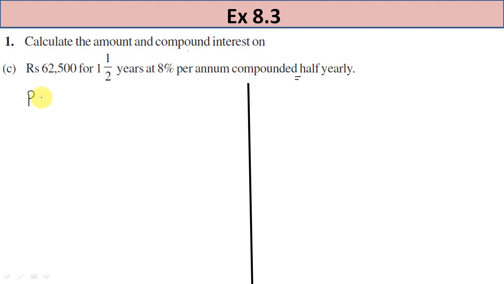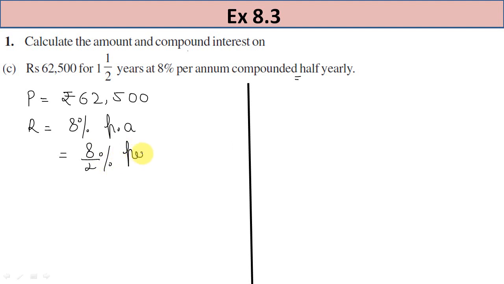So principal is rupees 62,500. Rate is given 8% per annum. And it is the case of compounded half yearly. So it will be 8 by 2% per half year. So it will be what? 4% per half year, right?